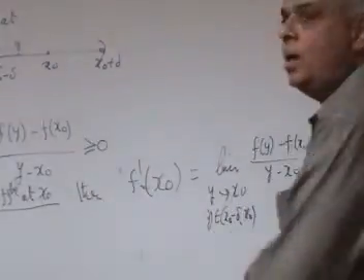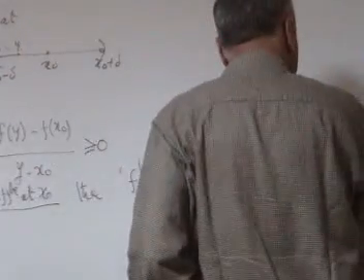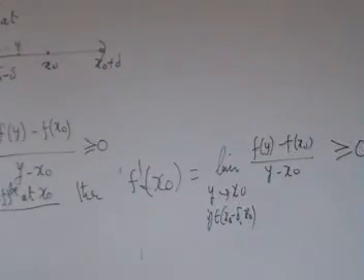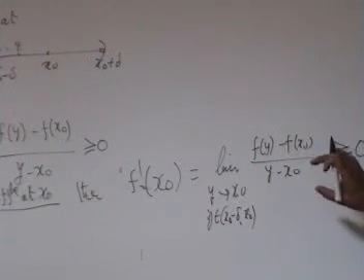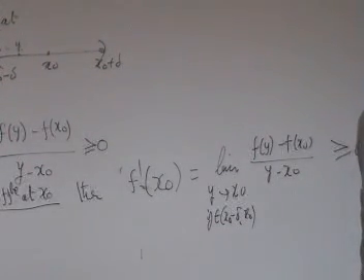So I am approaching x naught from the left, but the limit exists, so it doesn't matter from which side you approach because the derivative exists. Therefore this must be greater than or equal to 0, because all these ratios are greater than or equal to 0, so the limit will be too. So f prime of x naught must be greater than or equal to 0.